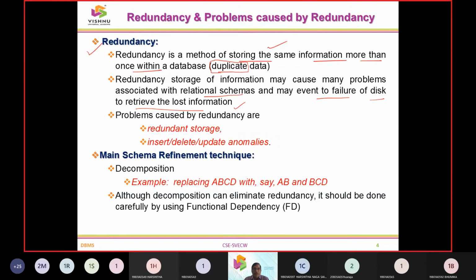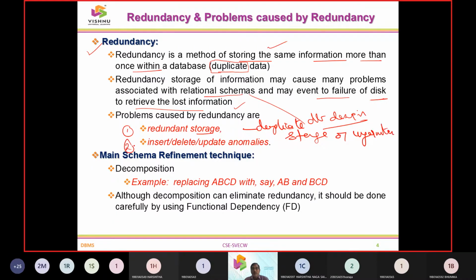That is, when duplicate data occurs, it may cause problems in relational schemas. A relational schema is nothing but the database design, and it can lead to failure of the disk or loss of information. Redundancy, of course, we say is redundant storage, that we call duplicate storage of information.